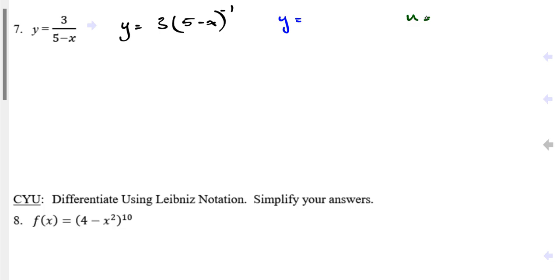Inside function, but what is it in terms of x? U equals 5 minus x. Yep. Which means my outside function is 3u to the negative 1. There we go. I'll let you find the derivative, and then I'll write up my answer.